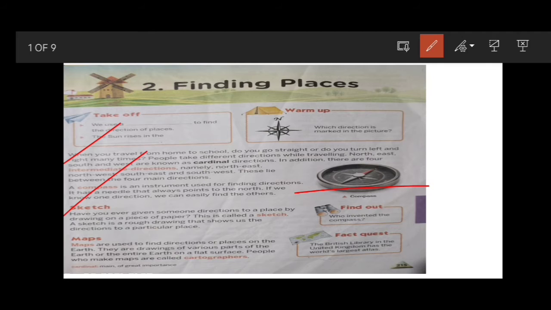Next, sketch. Have you ever given someone directions to a place by drawing on a piece of paper? This is called a sketch. A sketch is a rough drawing that shows us the directions to a particular place.